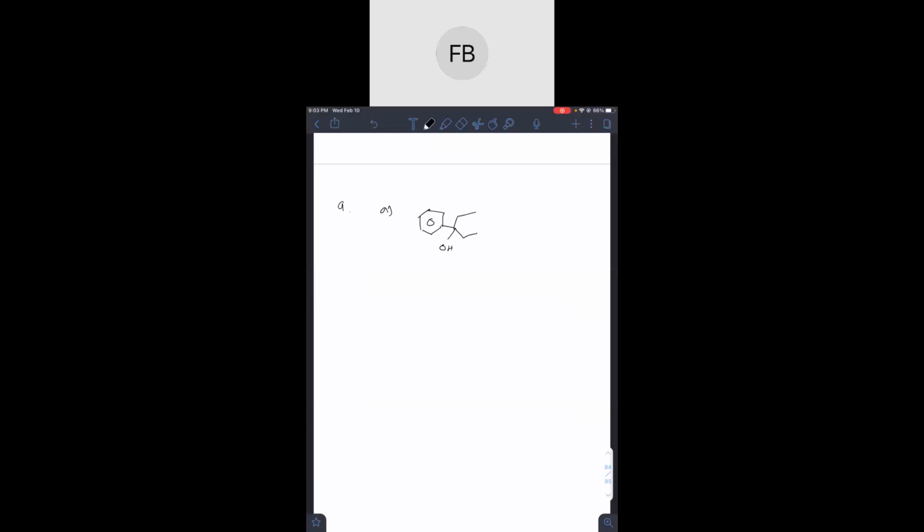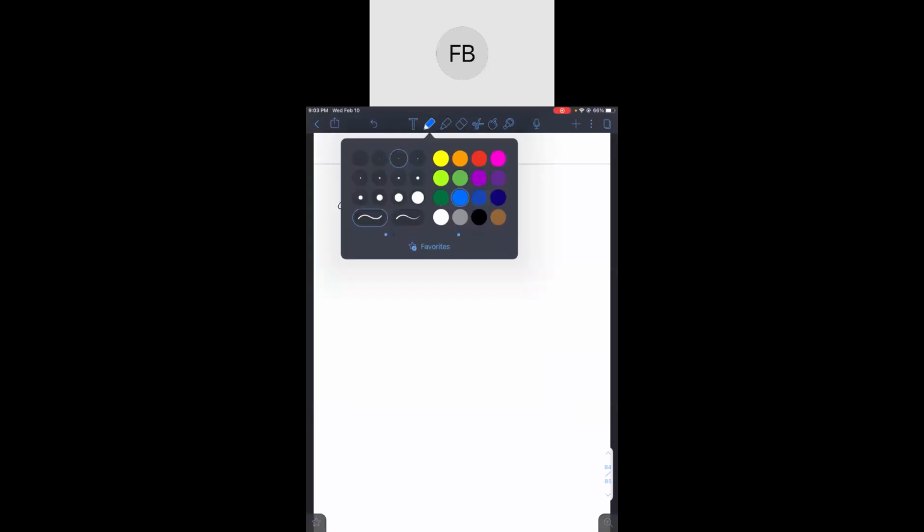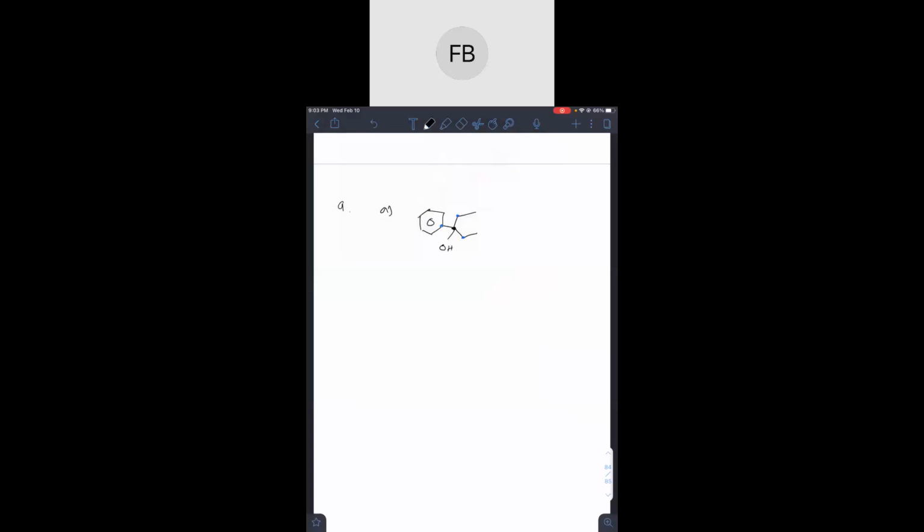But look, here's the carbon that the oxygen is attached to, and that is tertiary. So that means that the carbonyl was secondary, right? So it was attached to a carbon and a carbon. By the way, there really are multiple ways of doing this, so just do which one you prefer.